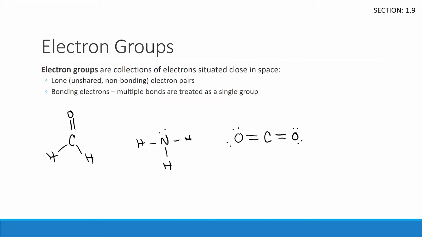Lone pair, unshared, or non-bonding electrons, all of those words are the same. Or they can be electrons that are making a bond to another atom or onto the rest of a molecule. And a multiple bond, so any double bond or triple bond, we still just treat as one single group.